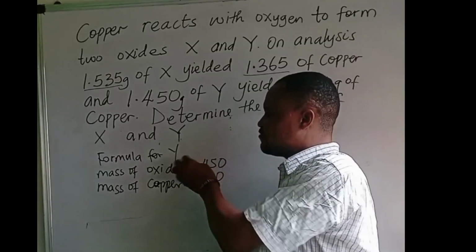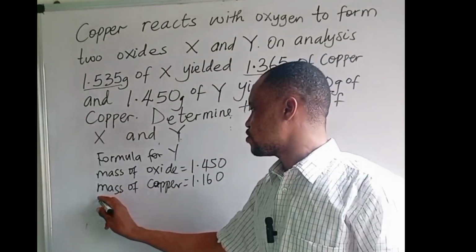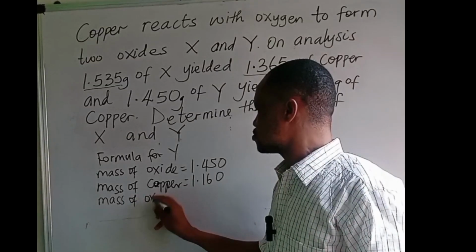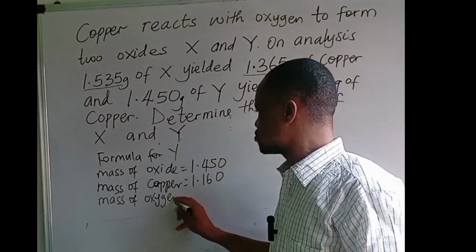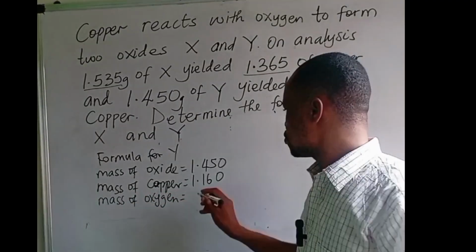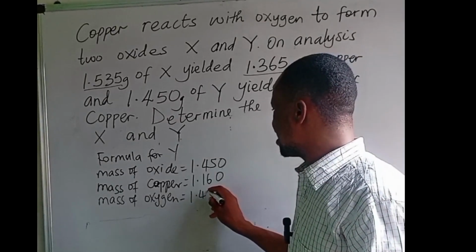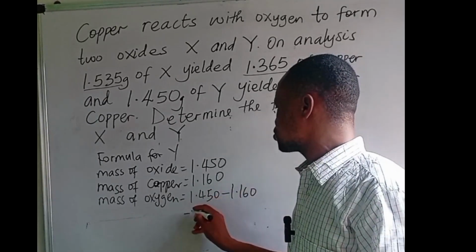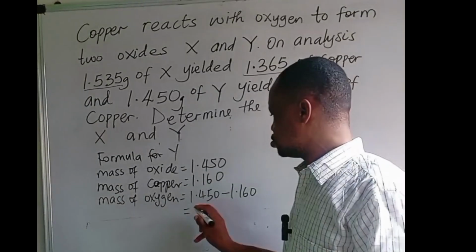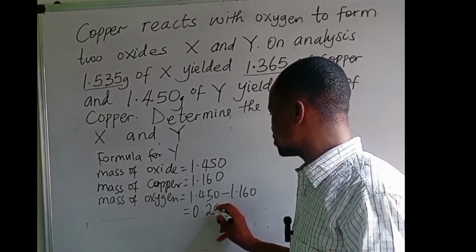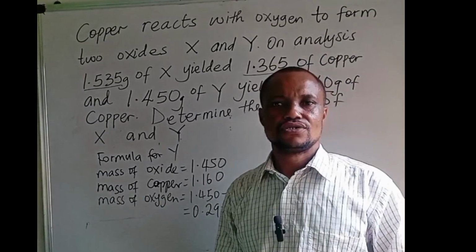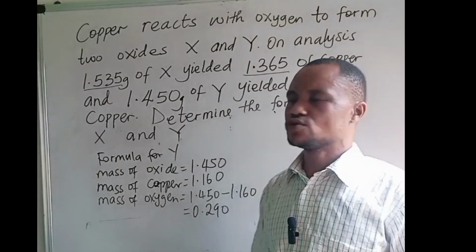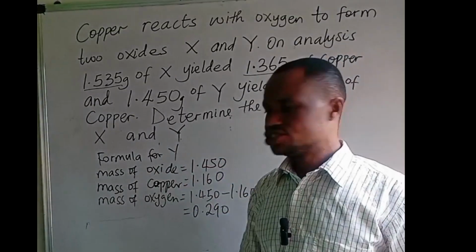Then from this, we are not given mass of oxygen, so we have to subtract mass of copper from mass of oxide. So mass of oxygen is equal to 1.450 minus 1.160. So that will give us 0.290. Okay?